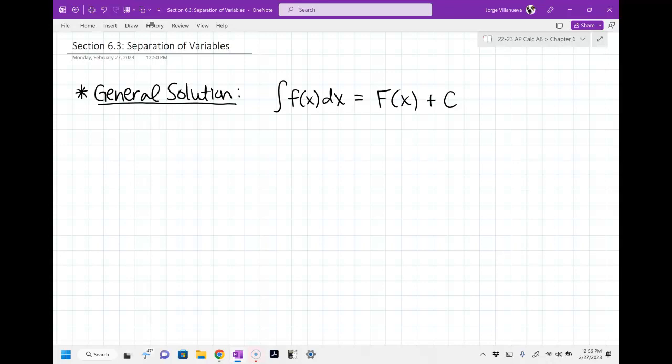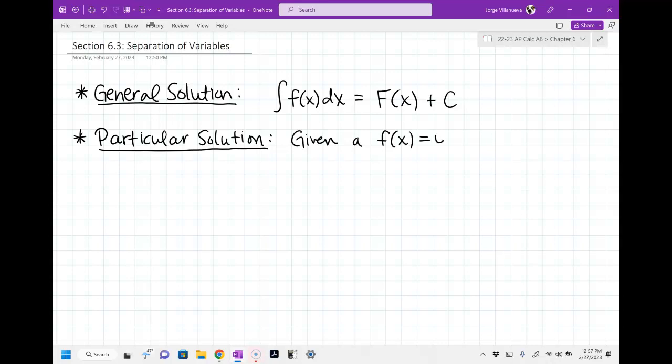Now, there is another one called a particular solution. So a particular solution, given f of x equal to y, they're going to give you some kind of numerical values.